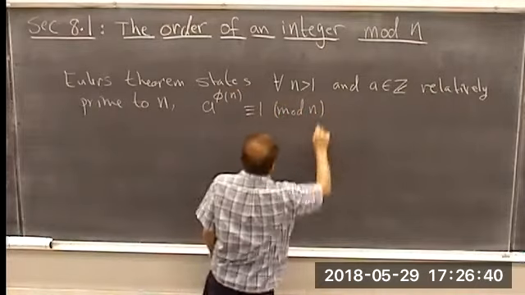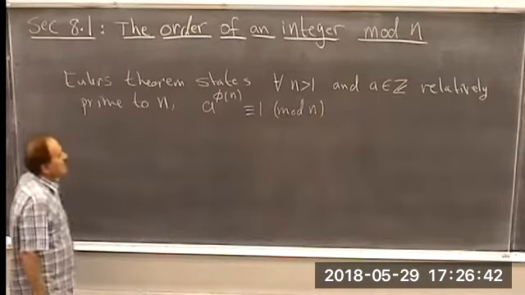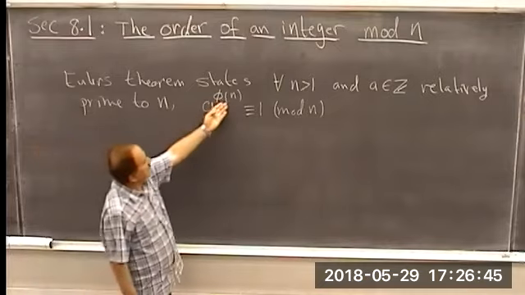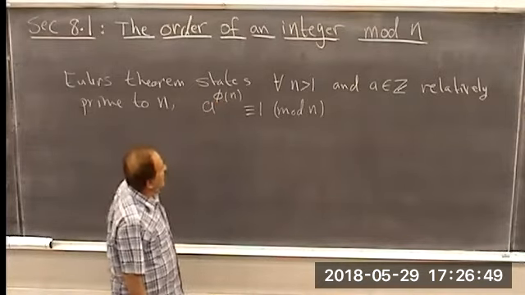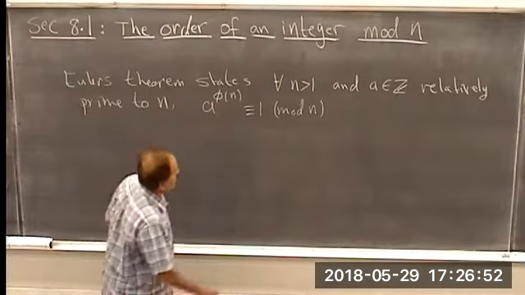So in other words, there is at least one positive integer, phi of n, that when you raise a to it, it gives you something congruent to 1 mod n.